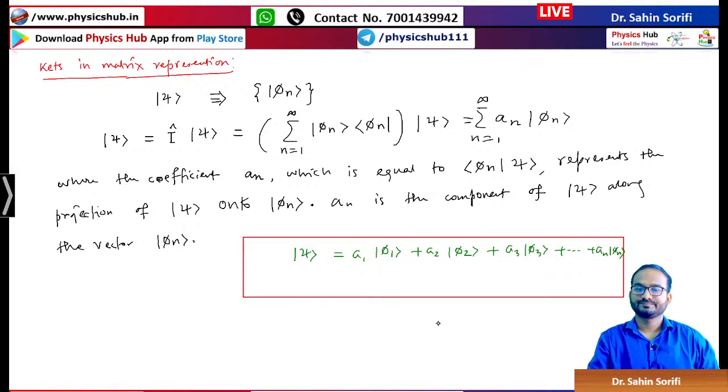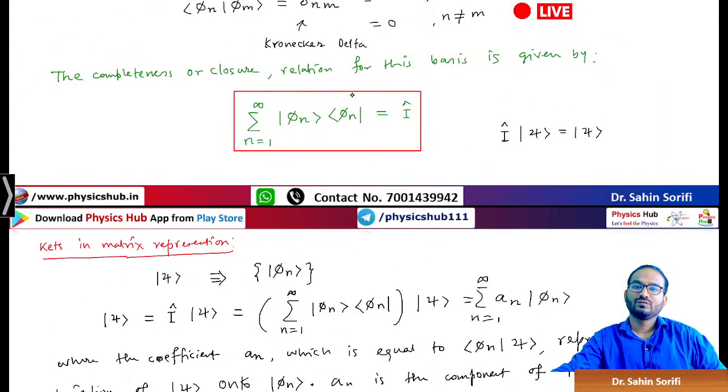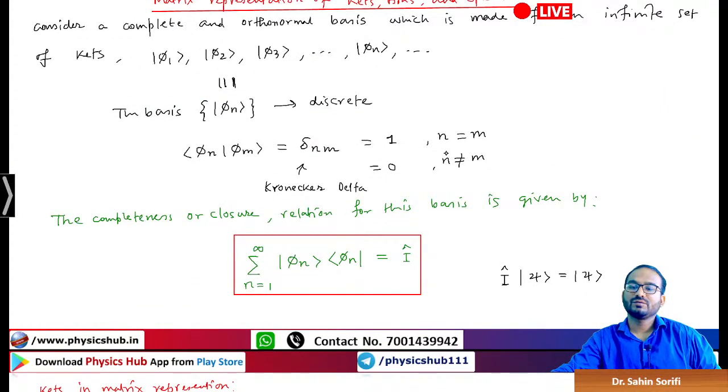Now, if you want to calculate this coefficient, what are you going to do? The scalar product is 1 only when the numbers n and m are the same, that is phi 1 phi 1, or phi 2 phi 2, phi 3 phi 3.